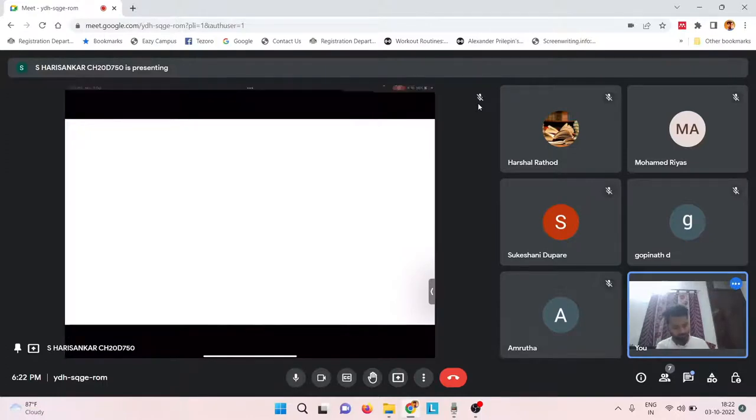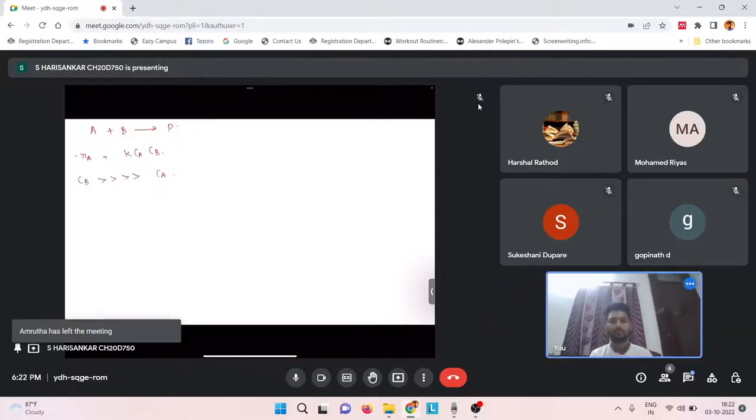Okay. So A plus B gives P and minus RA is equal to K CA CB. Now let's take the case here where CB is much greater than CA. Let's take CB as 1000 and CA as 2 for our sake.